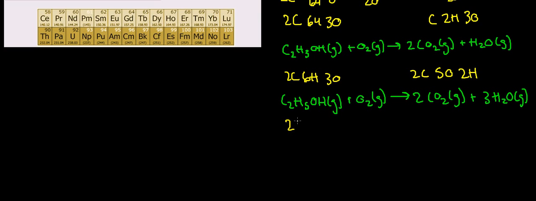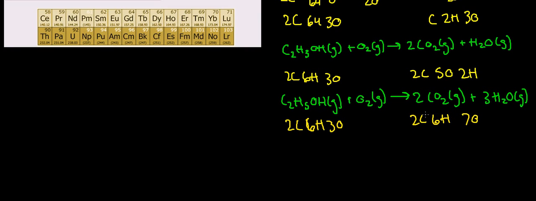Now I have a total of 2 carbons, 6 hydrogens, 3 oxygens on this side, 2 carbons, 6 hydrogens, and now I have 3 more oxygens over here, or an additional 2 compared to the previous one, so I'll have 7 oxygens total.